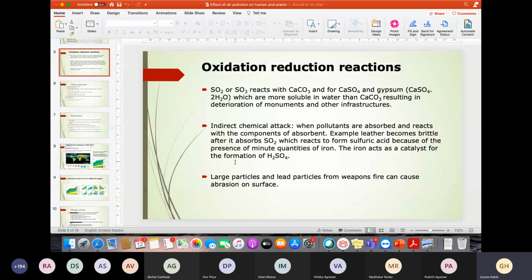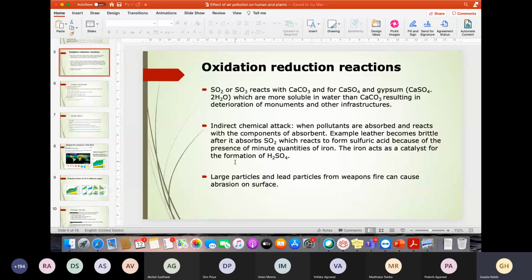It provides the surface for water condensation and more dissolution of SO2. So it's a chain reaction, right? First SO2 dissolves in water to form H2SO4, forms (NH4)2SO4, ammonium sulfate, and then this ammonium sulfate particle provides a surface for the water to condense, and once water is available, again SO2 in the atmosphere gets dissolved in water, and so on.